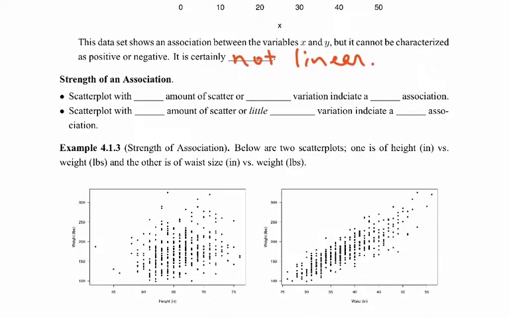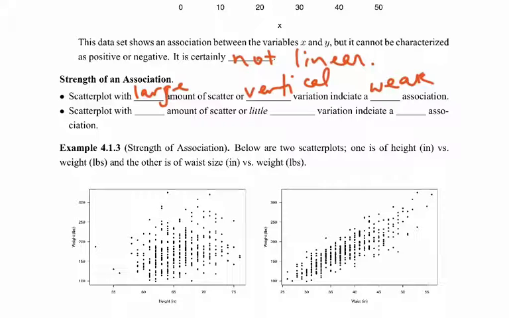So now let's talk about the strength. We mentioned the trend, so let's talk about the strength. For the strength of an association, how would we tell how strong that is? A scatter plot with a large amount of scatter or vertical variation indicates a weak association. We'll look at some examples here. If the points are really spread out vertically, that's an indication of a weak association.